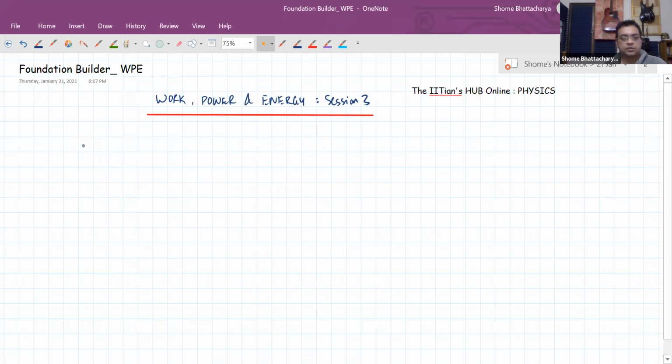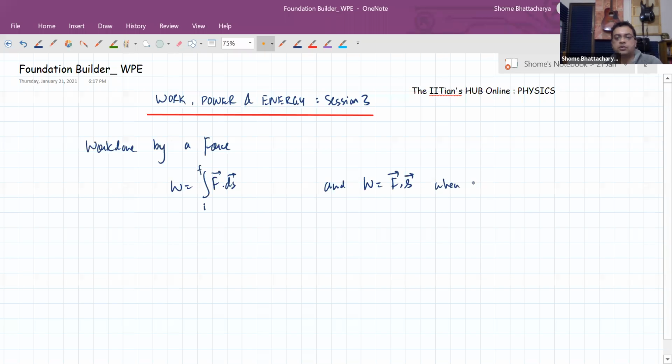So we have so far understood how to calculate work done by a force as the path integration of the force over displacement from initial to final position. But we've also seen that this reduces to F dot S, a simple scalar product of force and displacement, when F is constant.